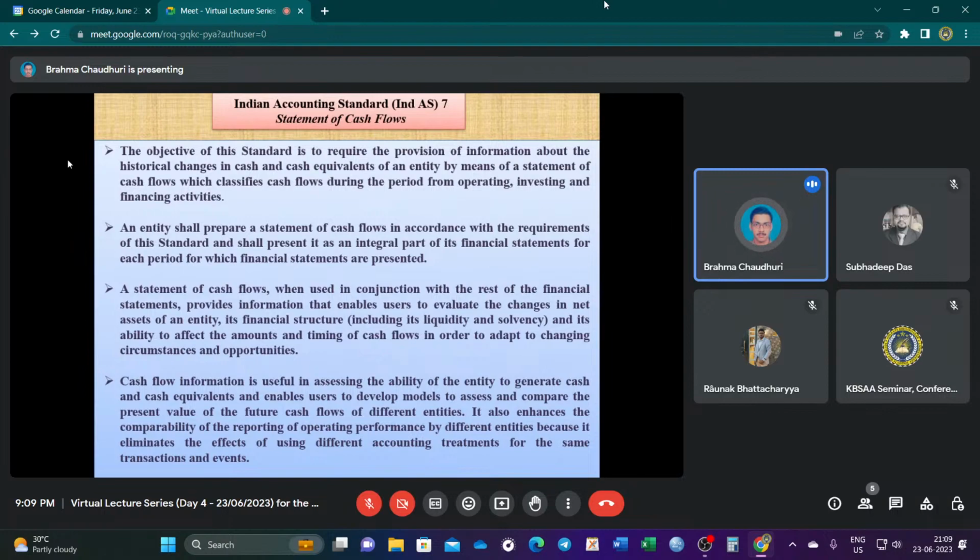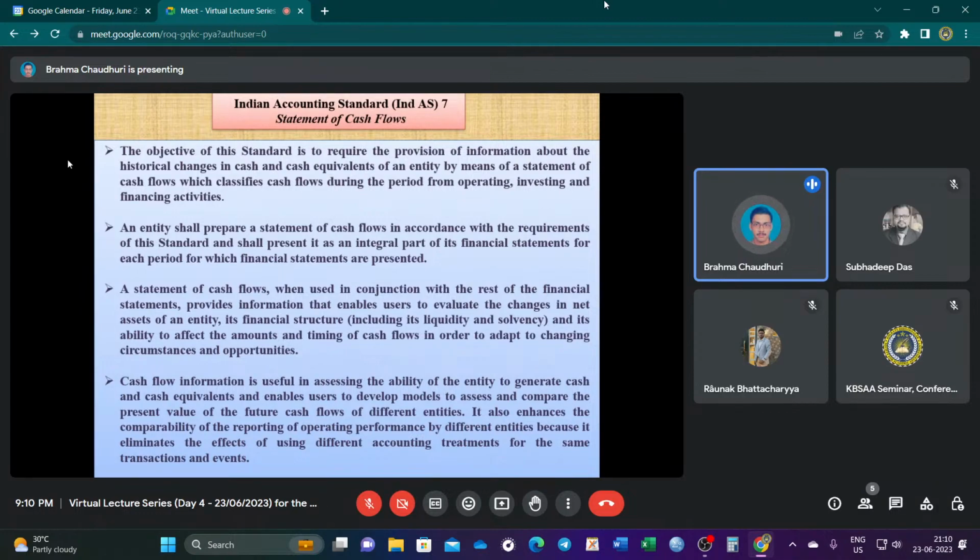That means the enterprise will not only prepare this cash flow statement as per the provisions mentioned in the standard, but will also have to present it as an integral part of its financial statements, that is, along with the profit and loss account, the income statement, or the balance sheet, the statement of financial position. It will also have to present the statement of cash flows. This is the actual provision required according to this standard.